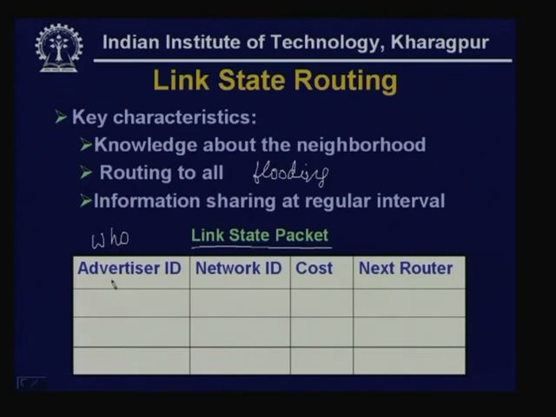So, this advertiser ID tells each node from where the information is coming, and the network ID is essentially the destination node's address. The cost for transmission is given here for that destination, and the next hop node ID is given here.